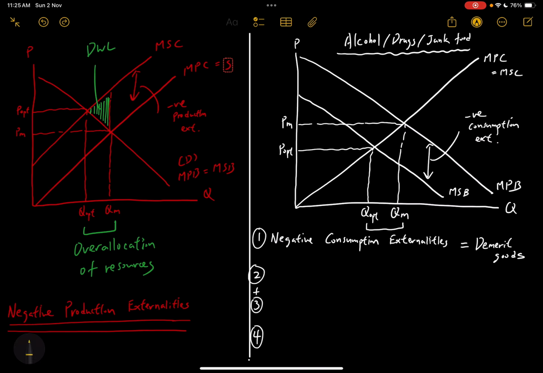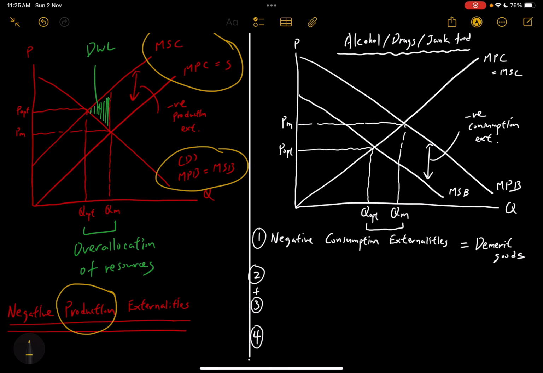So when that is the case, this cause of market failure is done by production. And we know that if there is something to do with production, then in the diagram there must be something off with the supply side. In other words, if there's something wrong with consumption in your diagram, there should be some impact to the demand side, like right here.